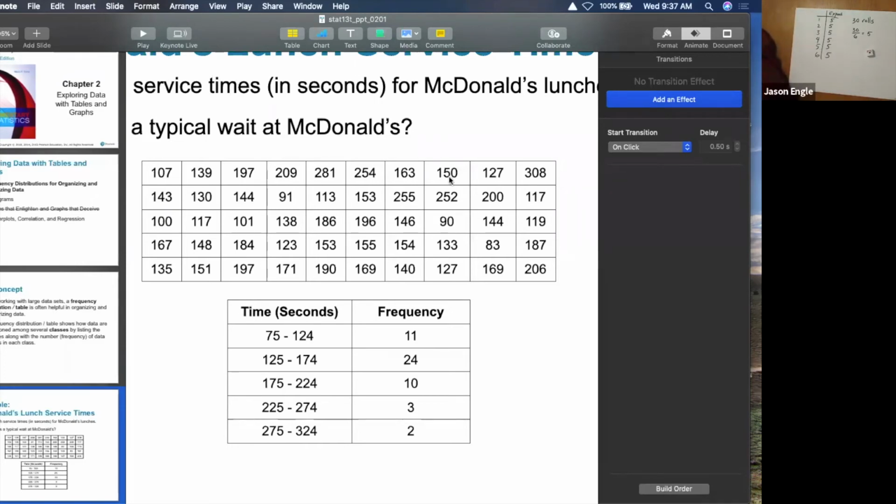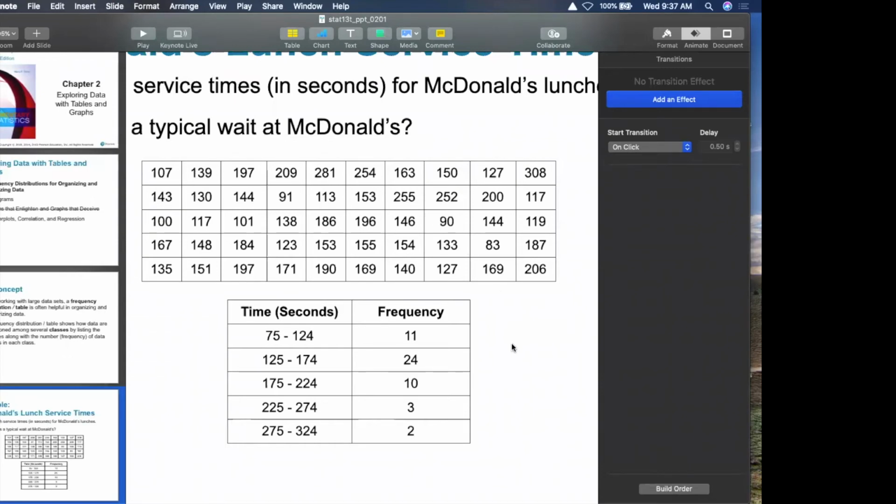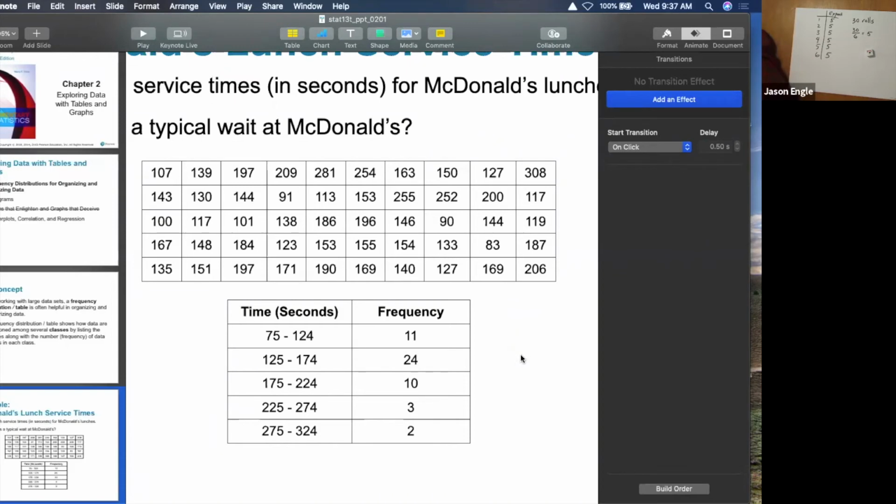It's true. To create this frequency table, I've kind of lost some information, right? But I tried to show him that in a way though, I've somehow gained some information, in the sense that if I'm only looking at the numbers, all I can really say is they're all somewhere between 100 and 200 seconds. But by breaking up into classes and counting, I have a much more refined idea of the distribution of times.